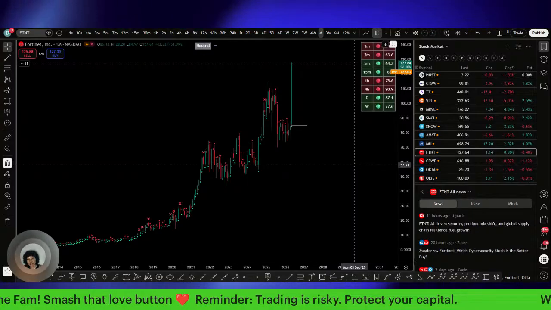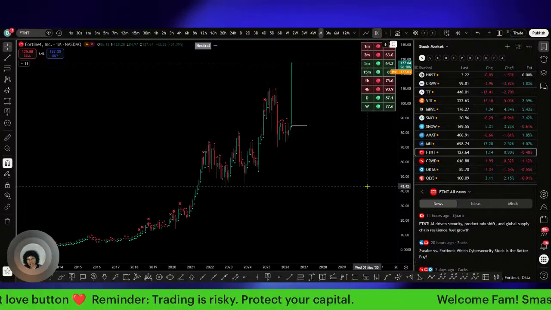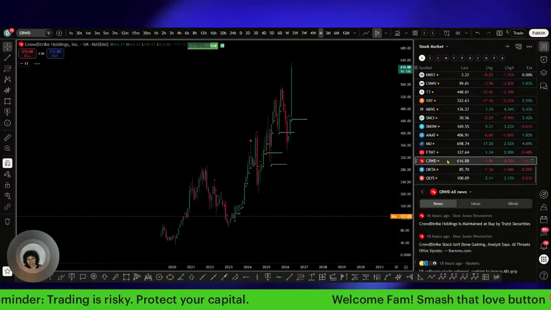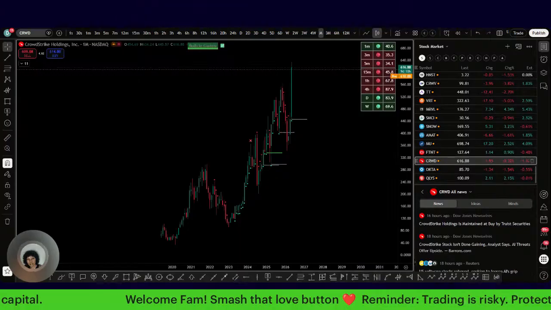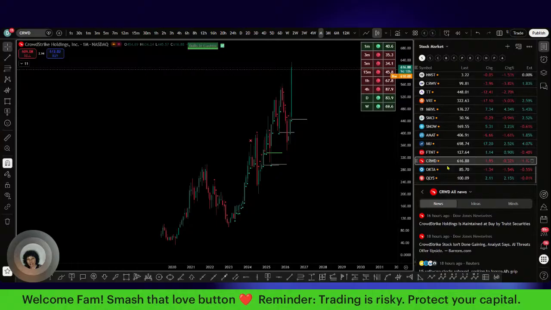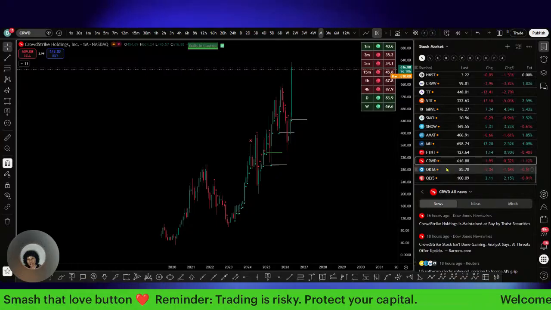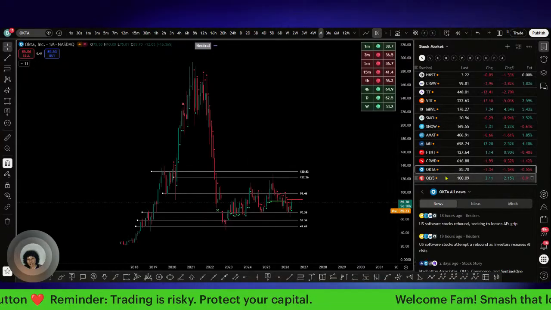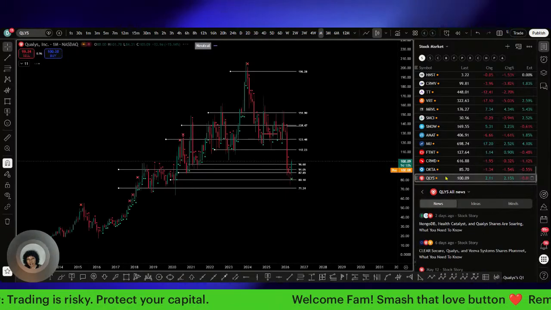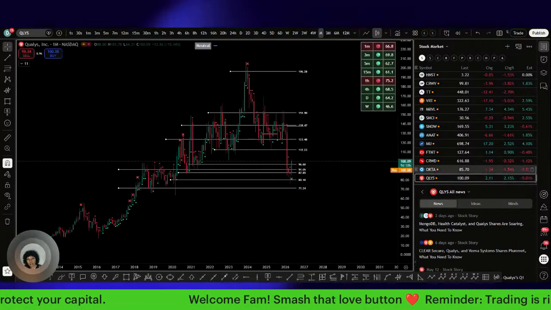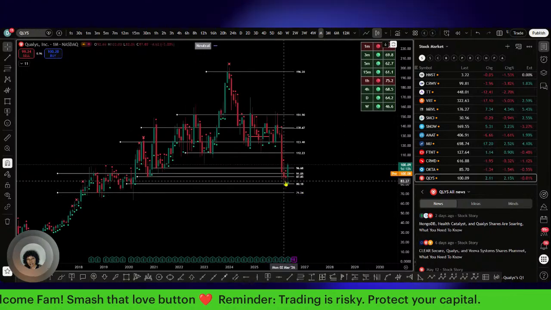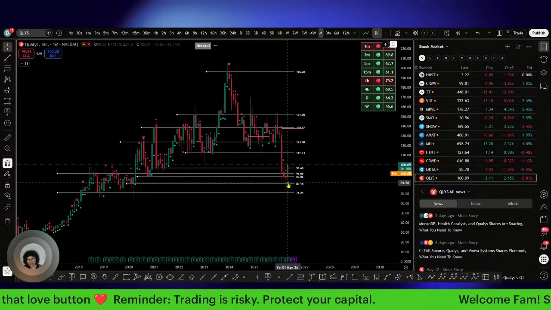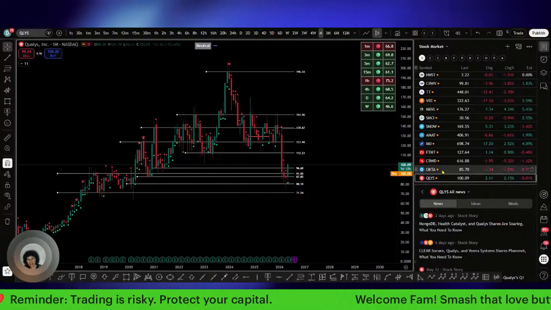Let's take a look at some of these other ones in here. Check out CrowdStrike. Look at that. Now, these two right here, Okta and Qualys, just getting started. I don't know, but just trying to get started.